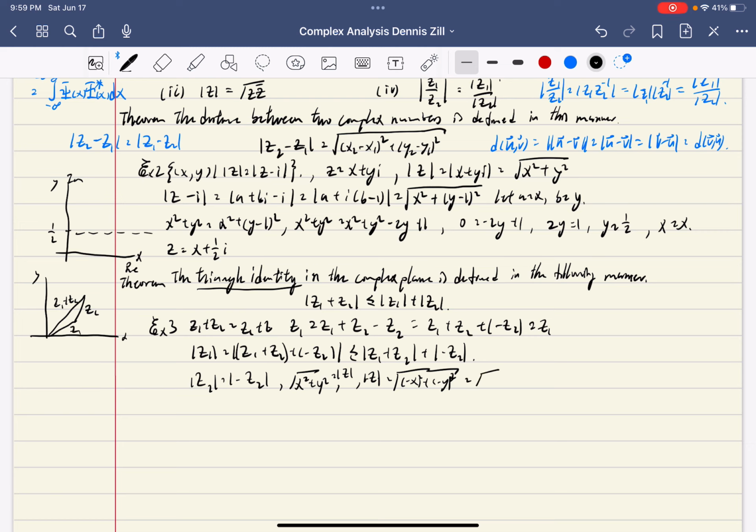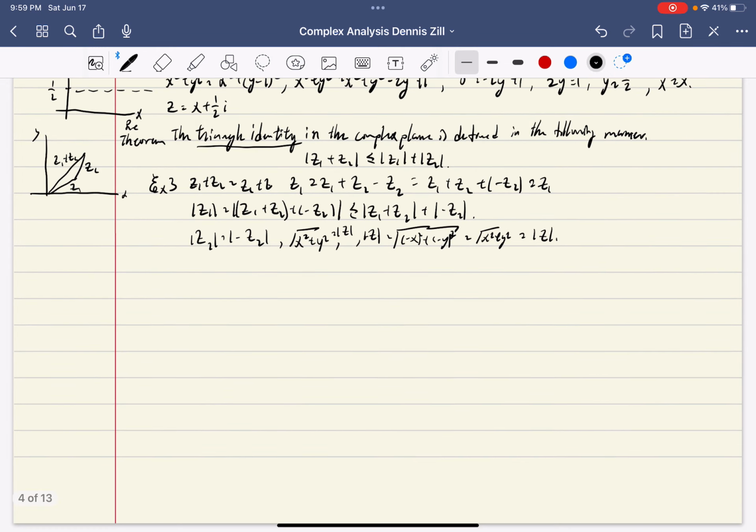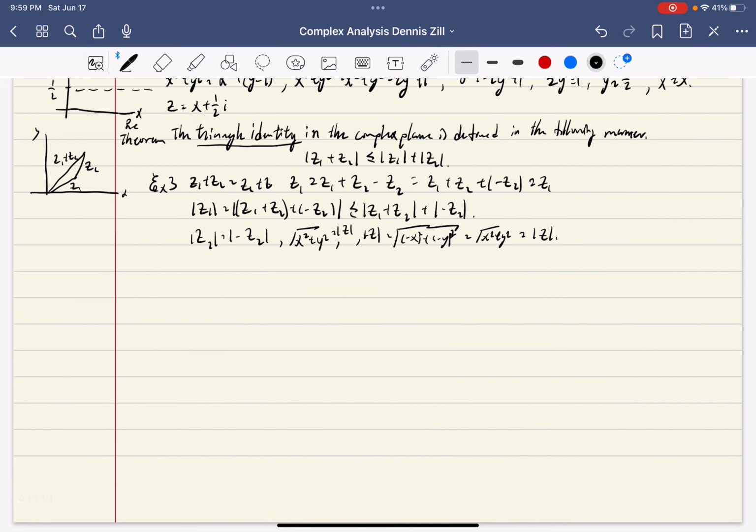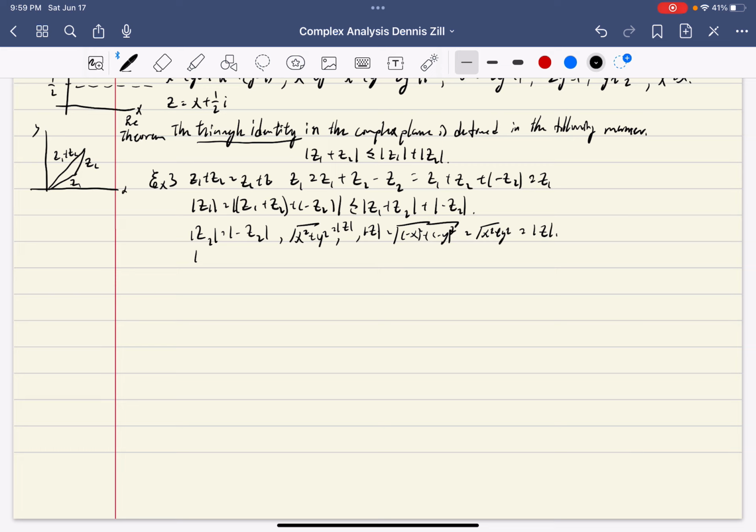That is basically equal to x squared plus z squared, or that is equal to z, right? And then, let's say if we add them, right? If we add them, really, that is bigger than if you subtract it, right?